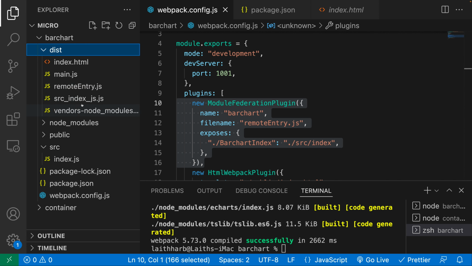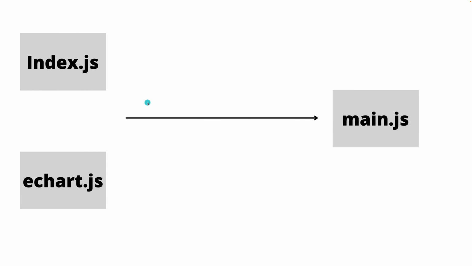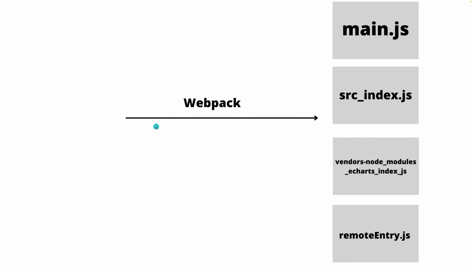So let's actually talk about exactly what is going on here. When we have the module federation, we still have our main.js, which means we can still run our application on its own in complete isolation, but we also get these files. These files are all of the files that we need in order to run our micro front end.